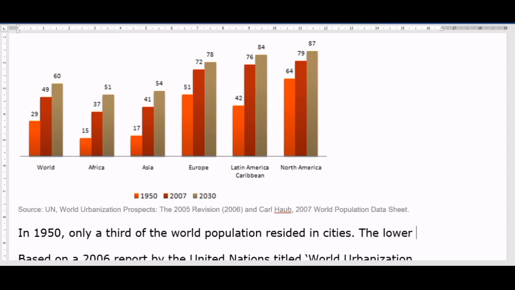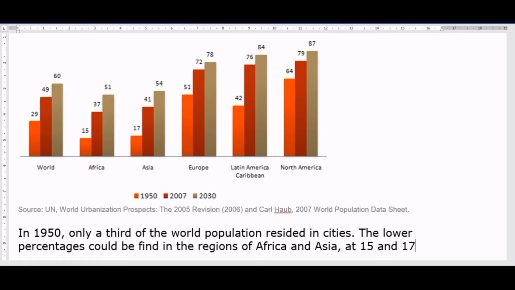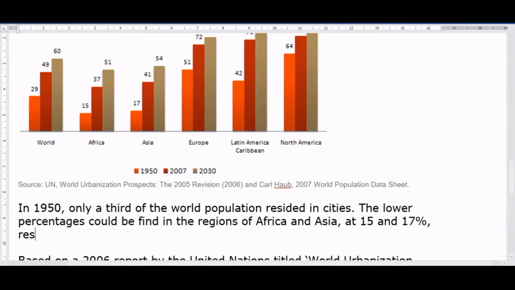The lower percentages could be found in the regions of Africa and Asia at 15 and 17% respectively. So these are the cluster of the two lowest ones, and then I will describe these three.